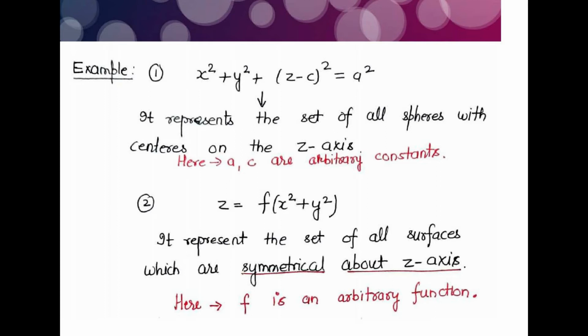Here a and c are arbitrary constants. As we change a, the size of the sphere will change, and as we change c, the center of the sphere will change. So we will discuss the partial differential equation representing this family of surfaces.